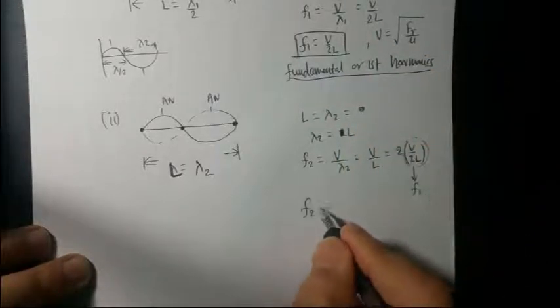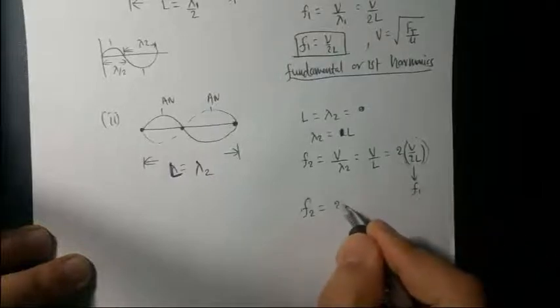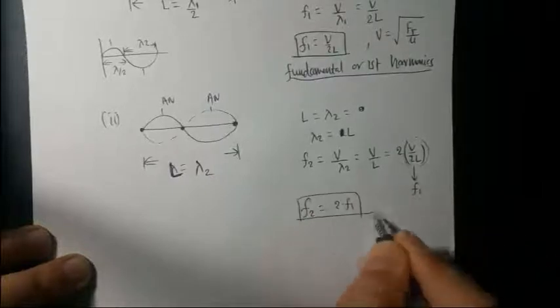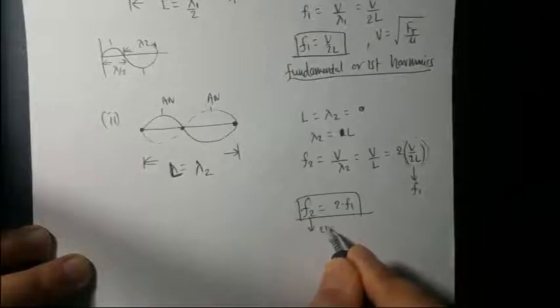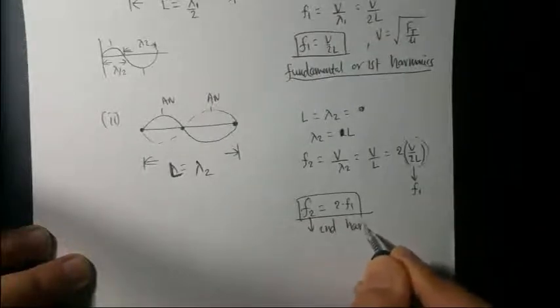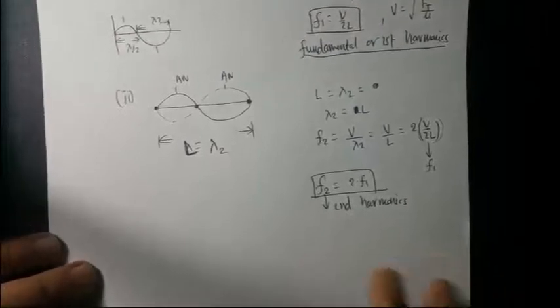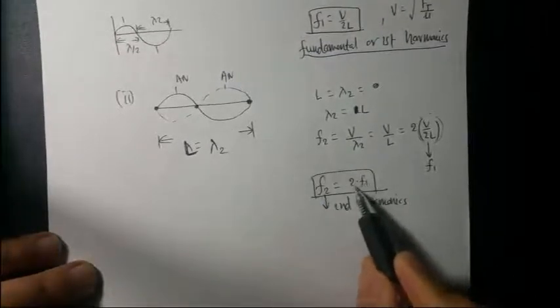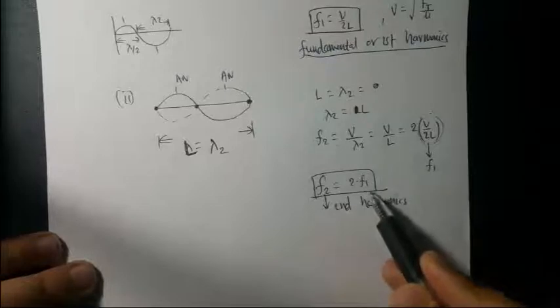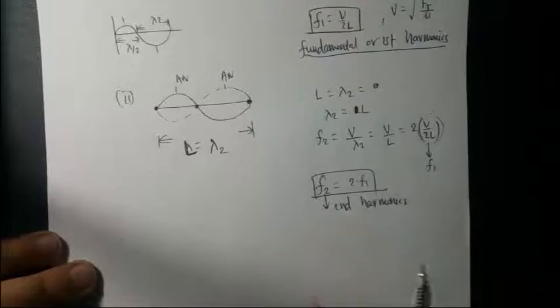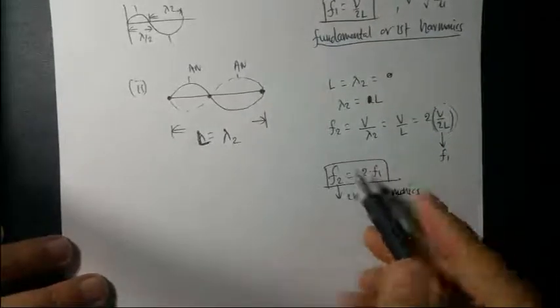So f2, the second harmonic, is just twice the first harmonic. The second possible frequency of a standing wave is two times the first harmonic. There's no possible frequency between that, right?